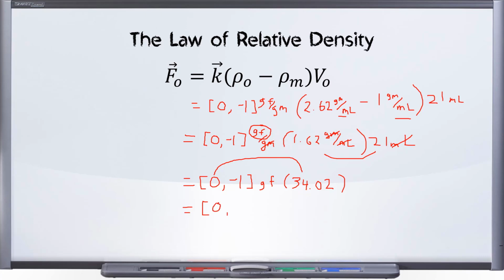So that's easy. Now, for the second term, we multiply the second term times the thing. And so we write minus 34.02. And that is in units of grams of force. And that's the force acting on our rock: negative 34 grams of force.